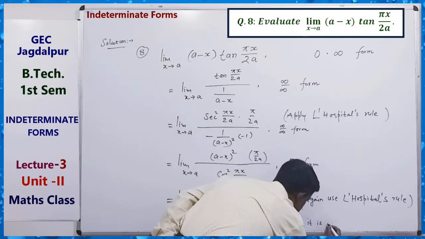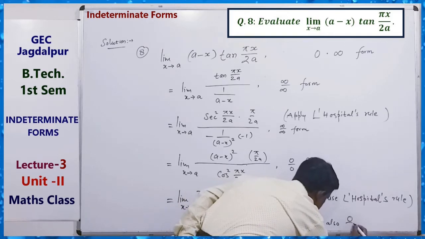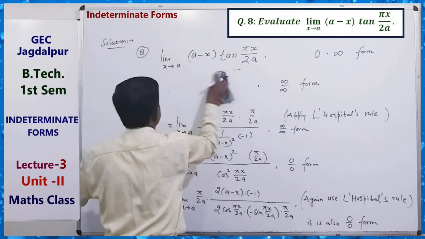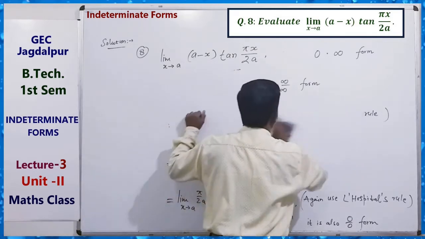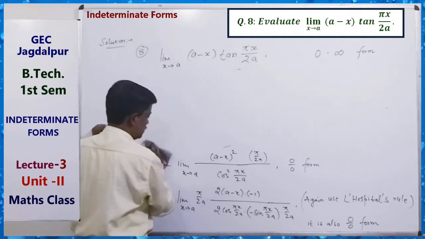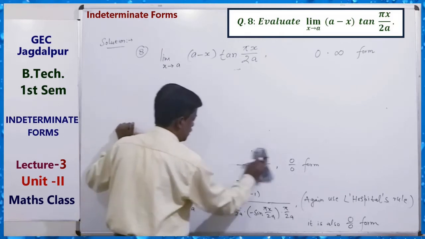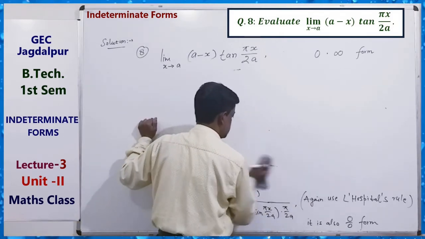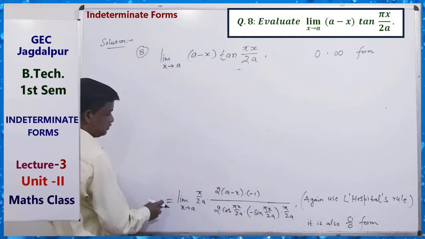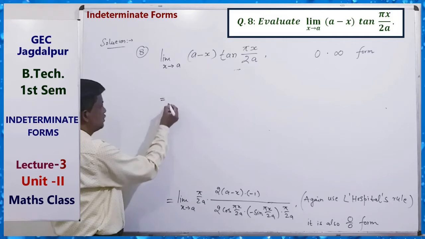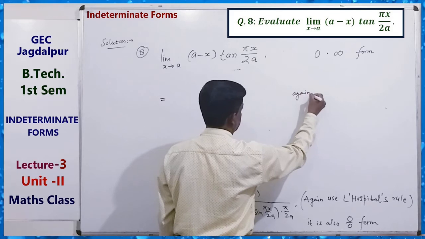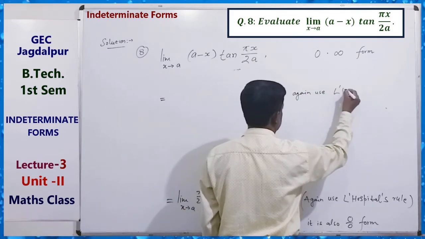it is also 0 by 0 form. This is equal to this. Again use L'Hospital rule.